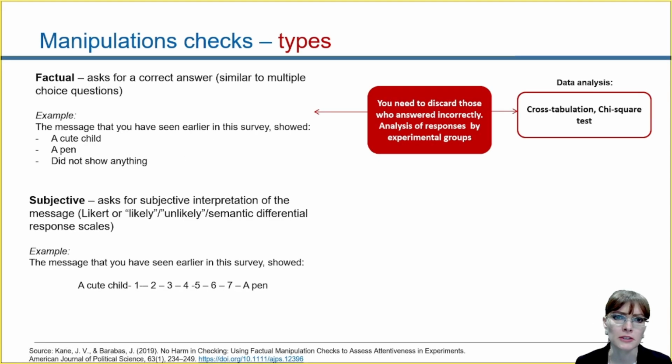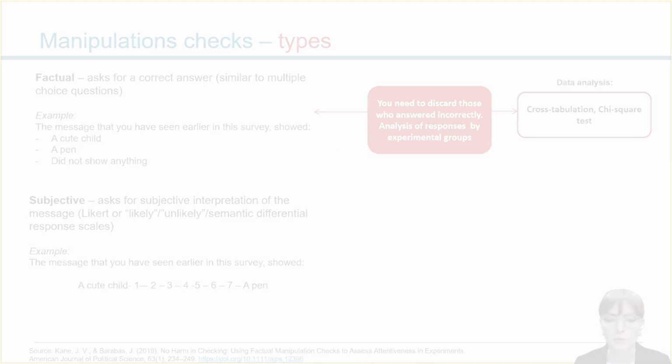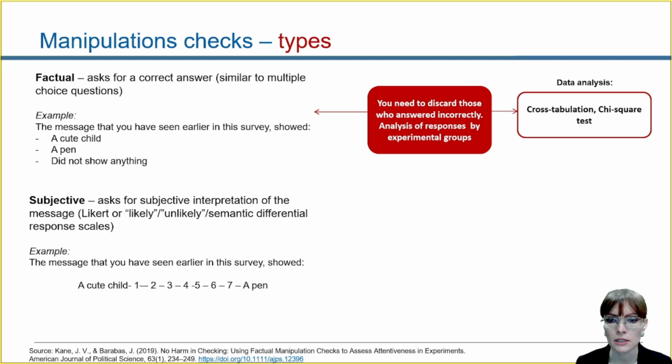My personal preference is to discard people who have provided an incorrect answer. For me, discarding those who did not provide the correct or expected answer provides peace of mind that they paid enough attention and understood my manipulations the way they were intended.